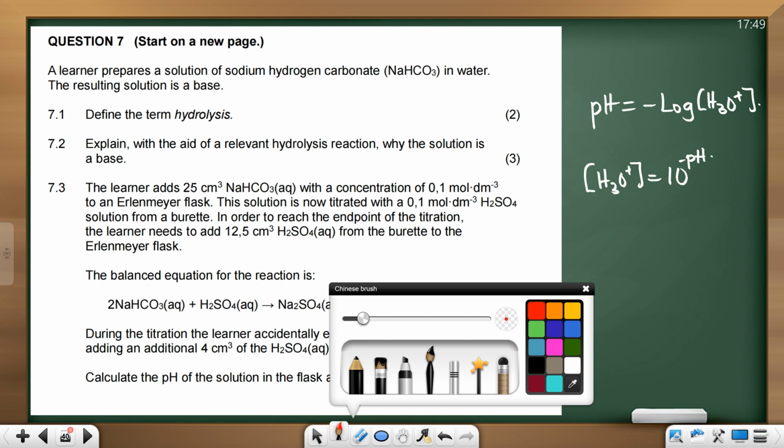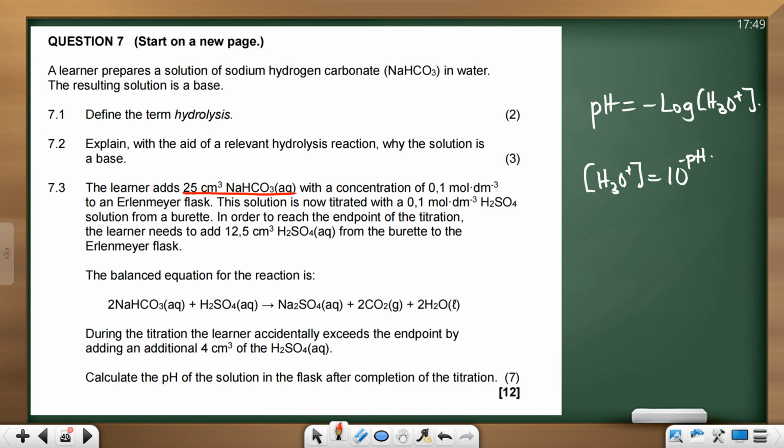The learner adds 25 cm³ of sodium hydrogen carbonate with a concentration of 0.1. I beg you, please, read carefully. There's a lot of concentration and number of moles here. The concentration is 0.1 moles per dm³ in an Erlenmeyer flask.